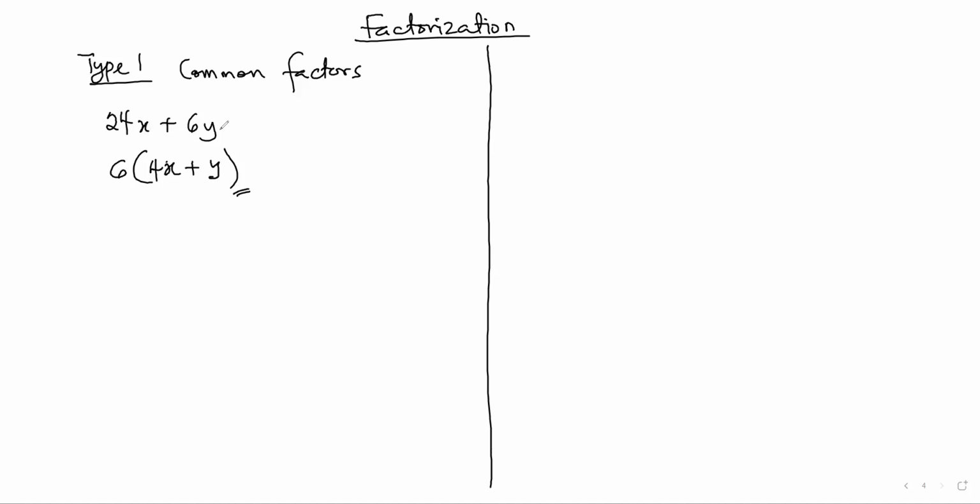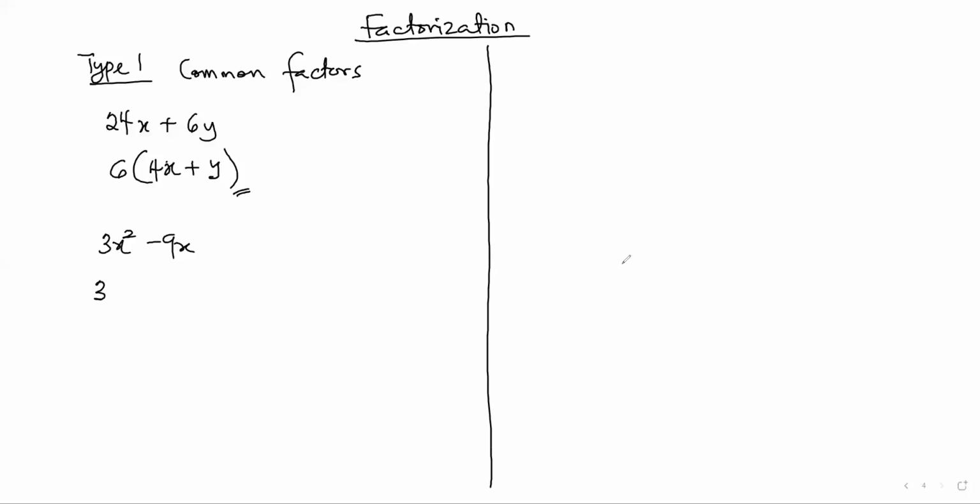Let's take another example. We have 3x squared minus 9x. So what is common among the numbers? 3 is common because 3 can go into itself and can go into 9. So if you look at 3 and 9, 3 is common to both.